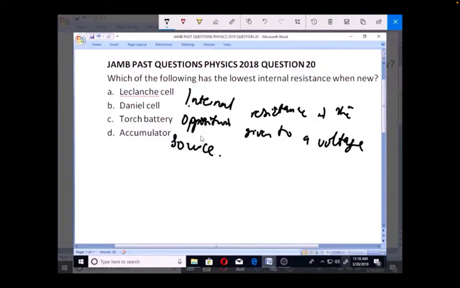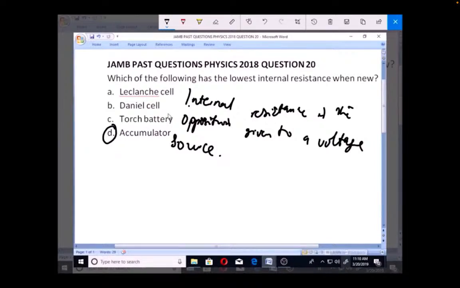Now, in order to pick out the lowest internal resistance, you ask yourself which of these cells, batteries or charge sources produces the highest charge. You find out that that is likely to be the one that has the least internal resistance. And you know that the accumulator is the charge source that produces very high voltage for a very long time.